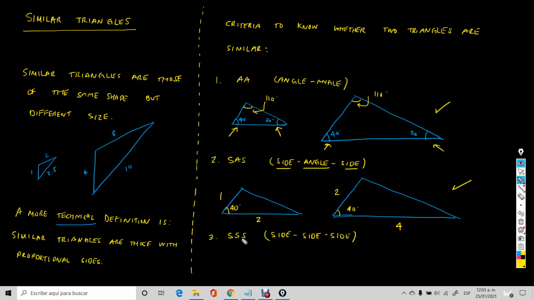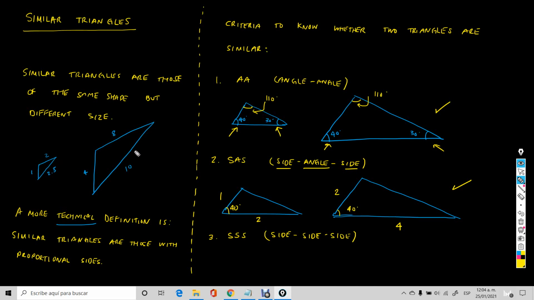And the other criteria is basically, one more time, this definition. I already have it drawn here. If you know that two triangles have proportional sides, all of the sides are proportional, side, side, side, then you can be sure that they are similar, which is this case.